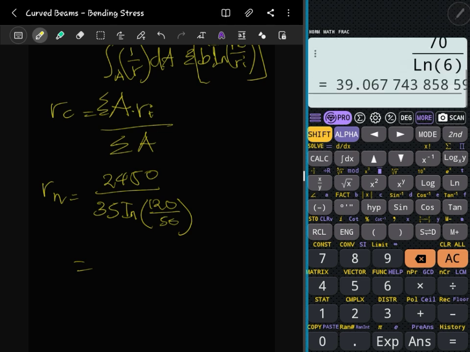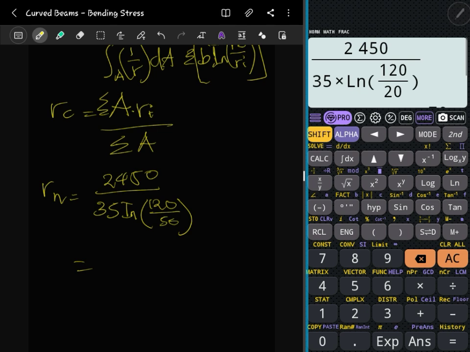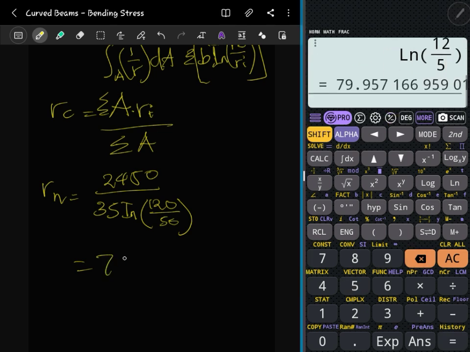Oh, this was 50. Yeah, so that gives us 79.957. Let's do 2 decimal places, mm.